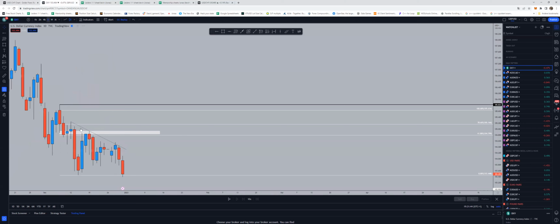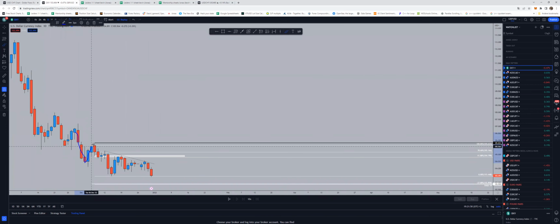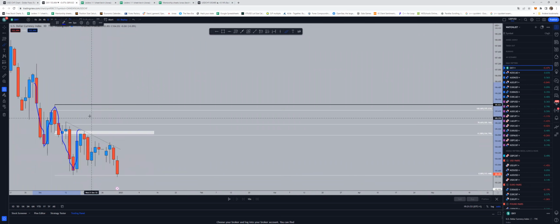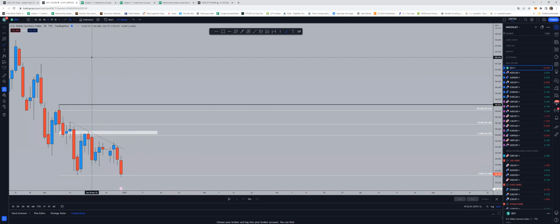So if I go to the daily, what I can see on the daily right now is that we have here that bigger bearish W that still needs to complete, because our daily minus 27 is way more to the downside. But what I can also see, for a potential other pattern, is that natural W here, like this.